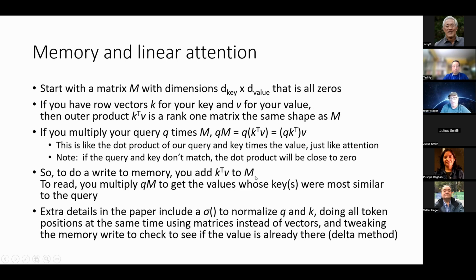I like this idea, though, that the weight matrices you're using to generate the next token are different from the weight matrices that are storing some sort of context or information. Yeah.